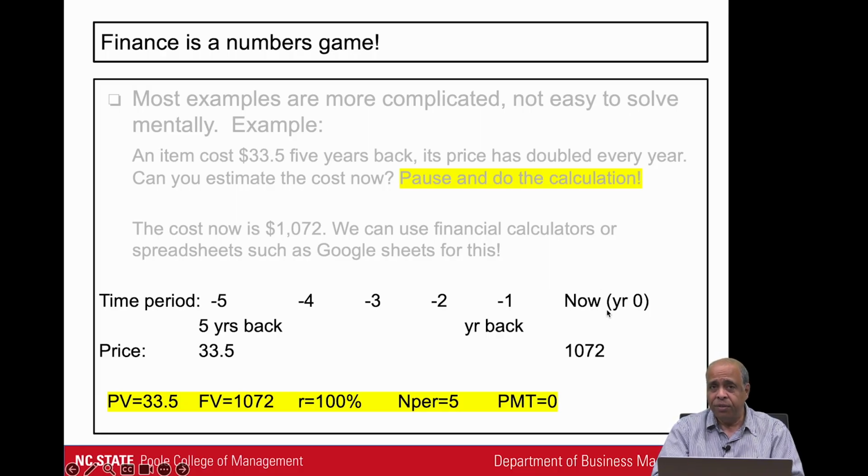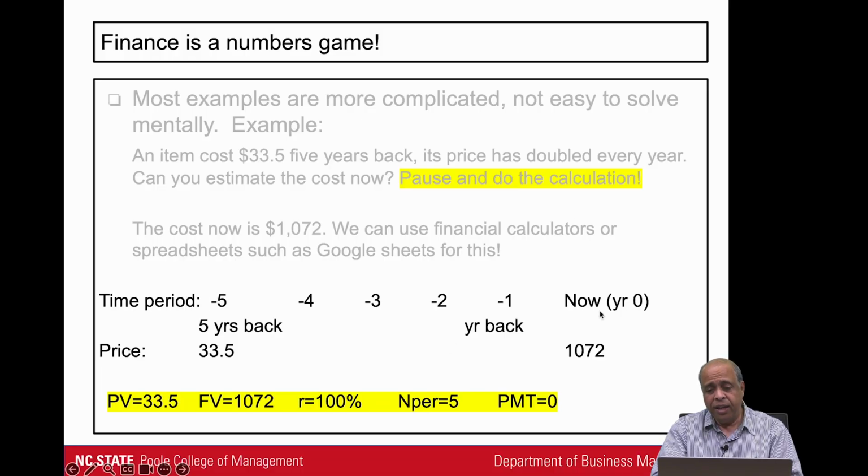So I'm calling that year 0. I have the value 5 years back, so I need to go back in time 5 years. So that's 1, 2, 3, 4, 5 years back. And I know the value here was 33.5. I needed to find the value here, so we knew that the value is going to be 1072, right? We already did the calculation.